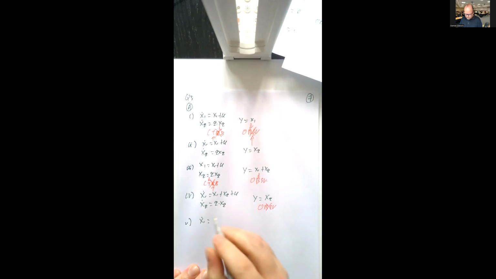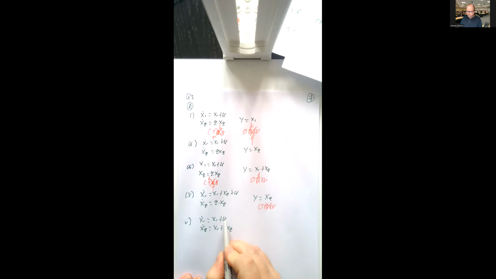x1 dot equals x1 plus u, exactly the same as previously, but now x2 dot will be x1 plus 2 times x2. So effectively u will influence x1 directly and x2 indirectly. So this is our controllable system.